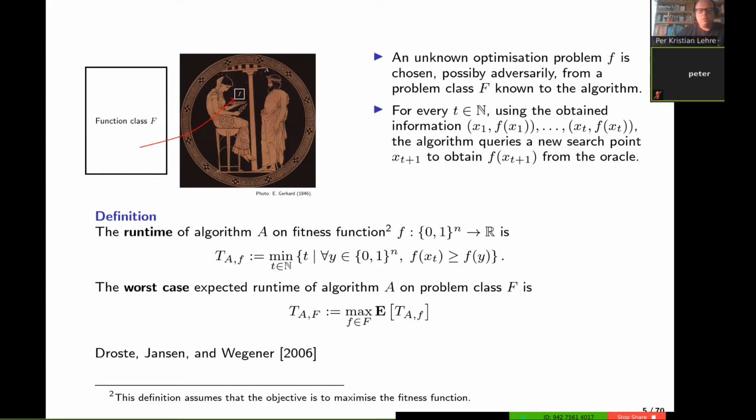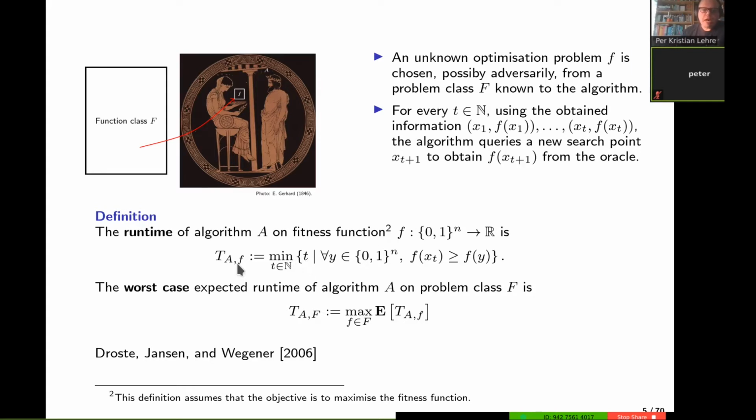If you want to train a neural network, in gradient descent you have a bit more information, so you have the gradients of each point as well. Here we only have access to the function values. Almost all evolutionary algorithms can be modeled this way. It basically just asks for fitness values of search points.